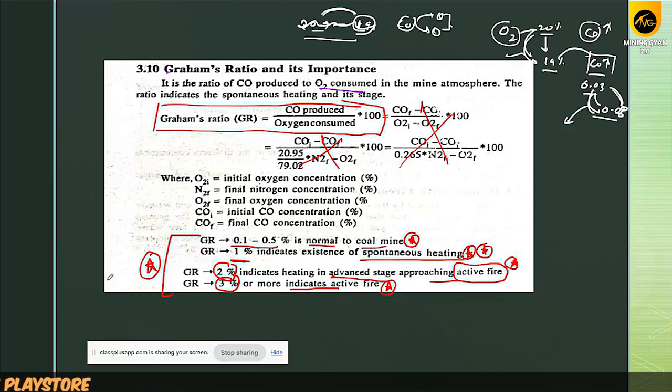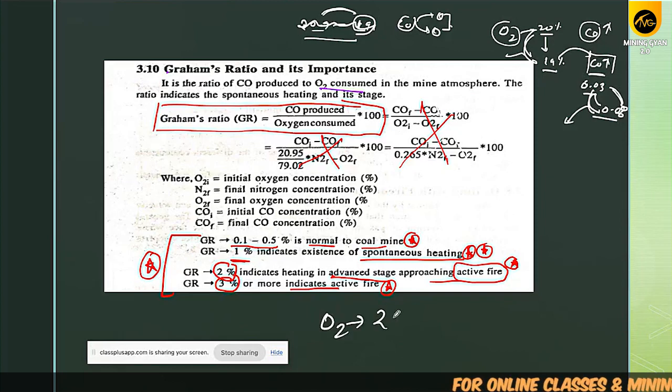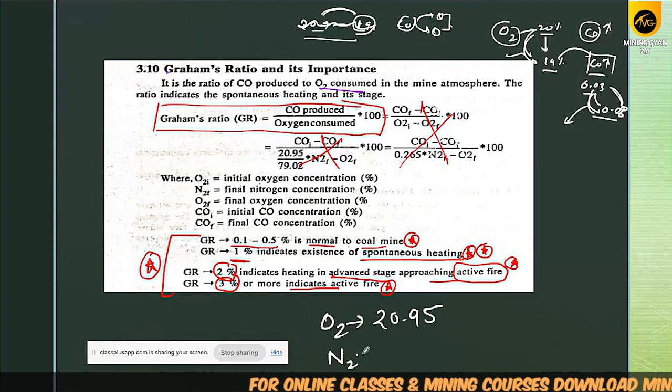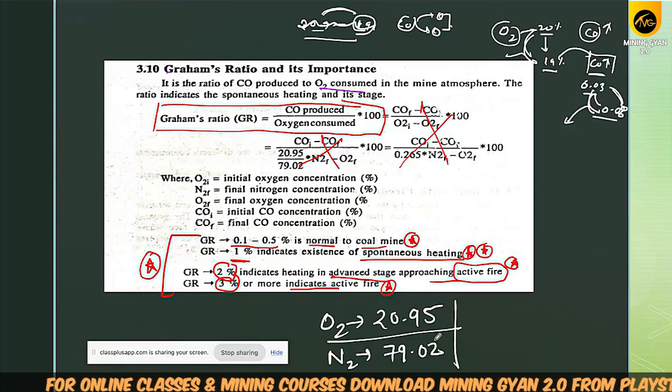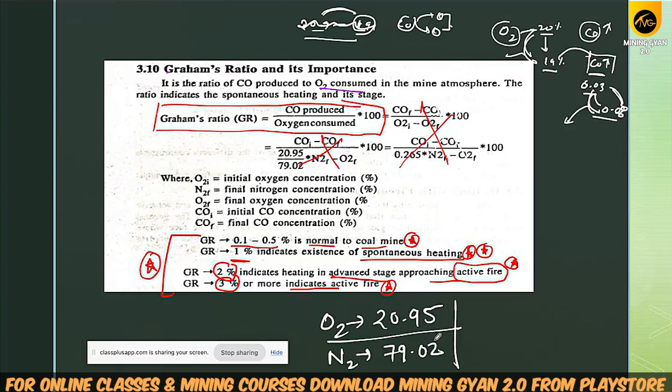I also told you to remember the exact value of O2, 20.93. If you want to write, remember, O2 is 20.95. And for nitrogen you should remember 79.02. Please remember this information, so it will help you to solve the numericals.